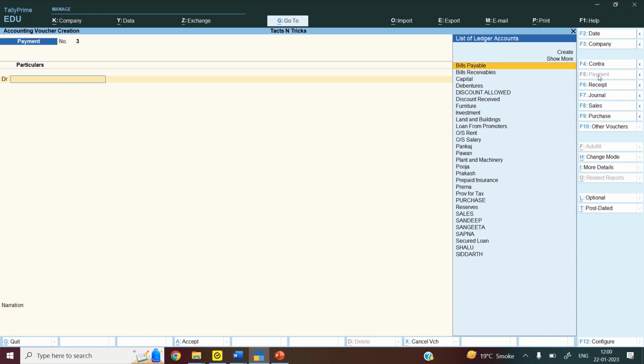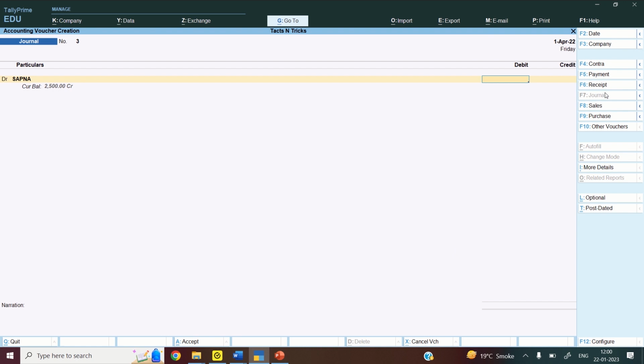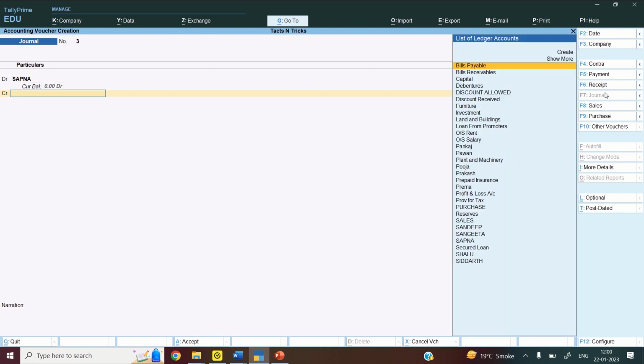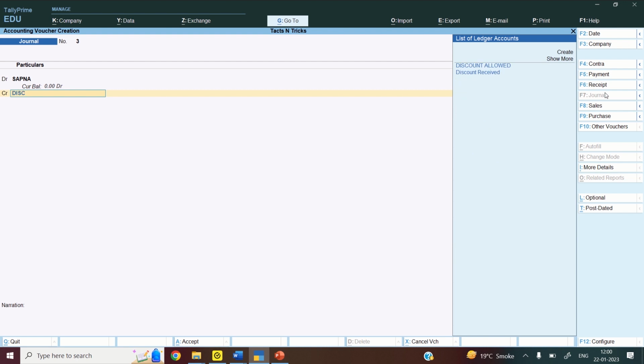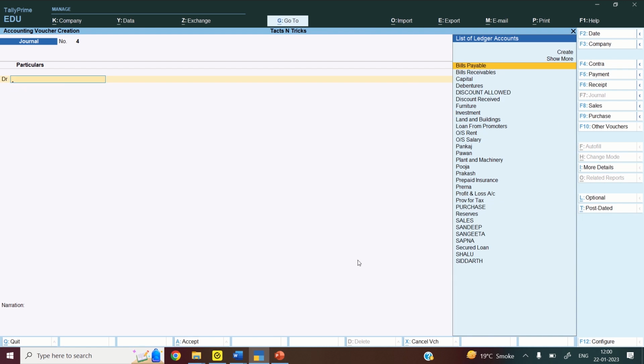And another one will come into the journal voucher, that Sapna has given me a discount of rupees 2,500, 67,500 minus 65,000, because Sapna was my opening creditor. So I have received a discount of 2,500. So I hope it is clear to you.